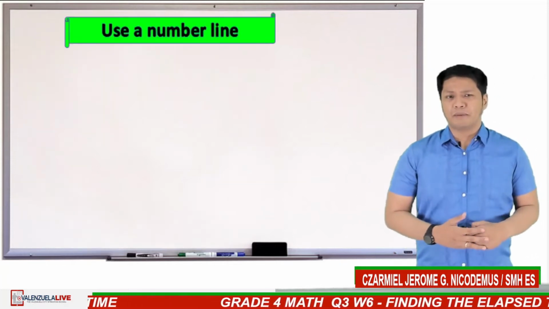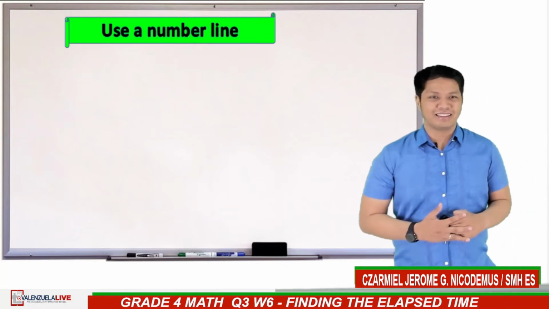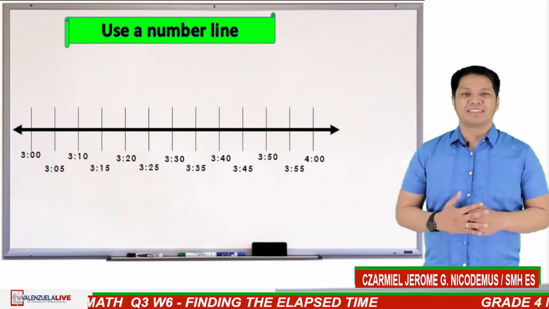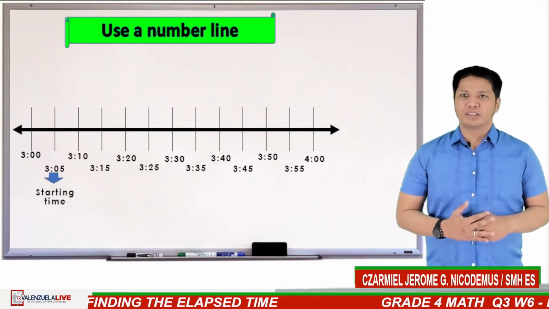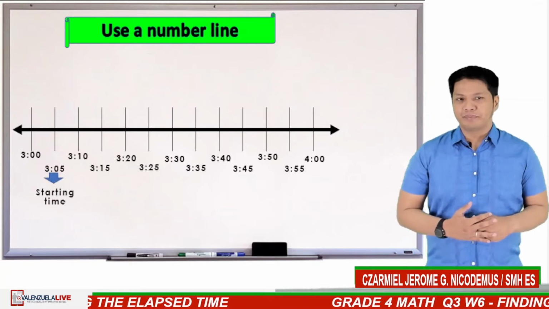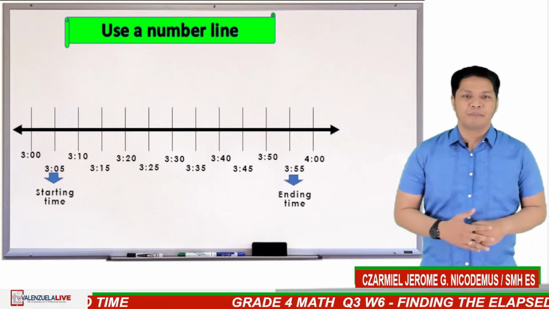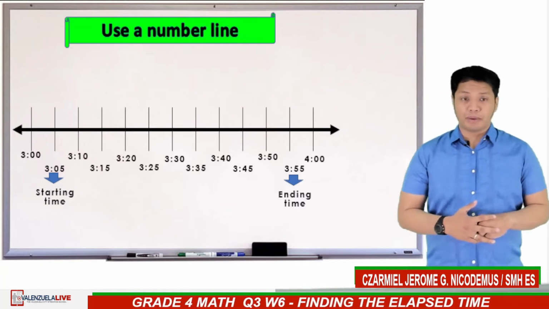What if you don't have a standard clock, but you know the starting time and the ending time? We can also use a number line. Again, let's identify the starting time, which is 3:05 p.m. and the ending time, which is 3:55 p.m. Draw the lines from 3:05 to 3:55.